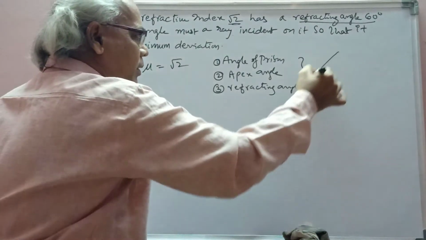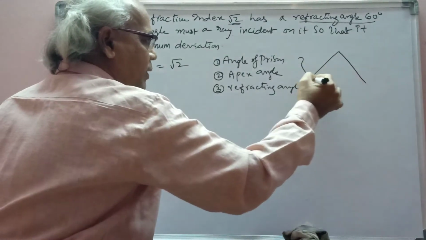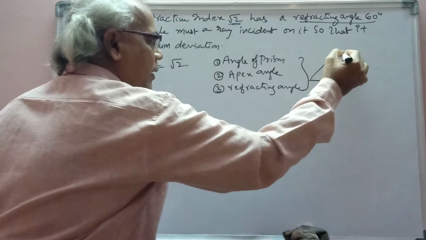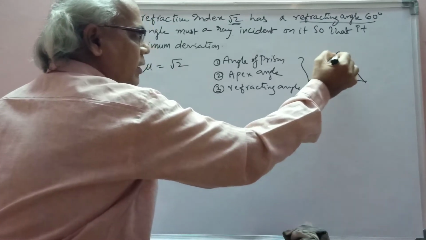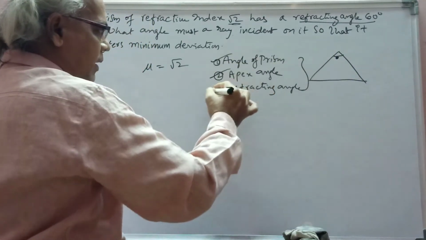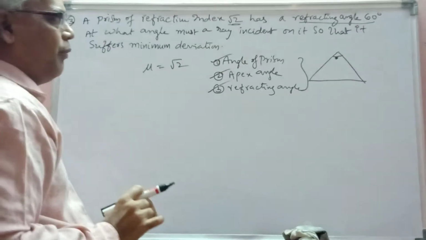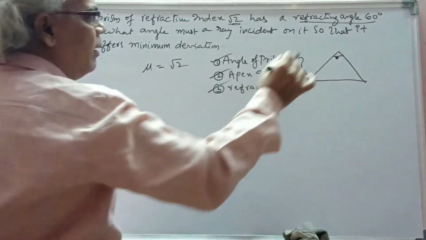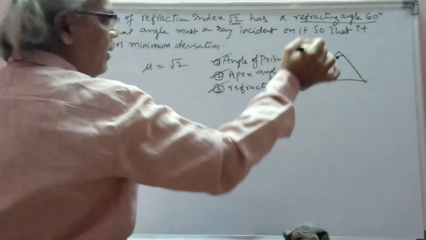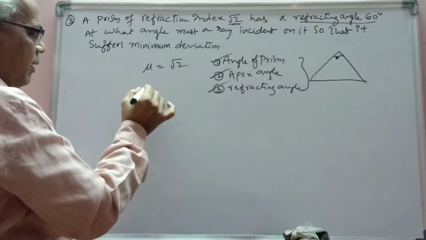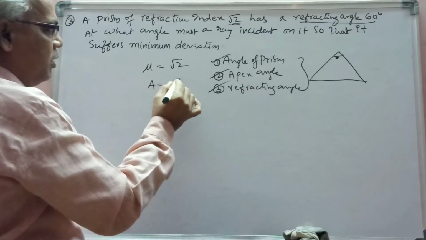Angle of prism means the angle that the refracting surfaces make with each other. This is called the angle of prism, apex angle or refracting angle. It is very important. Don't get confused about the given quantity. So the refracting angle means the angle of prism is given: A is equal to 60 degree.